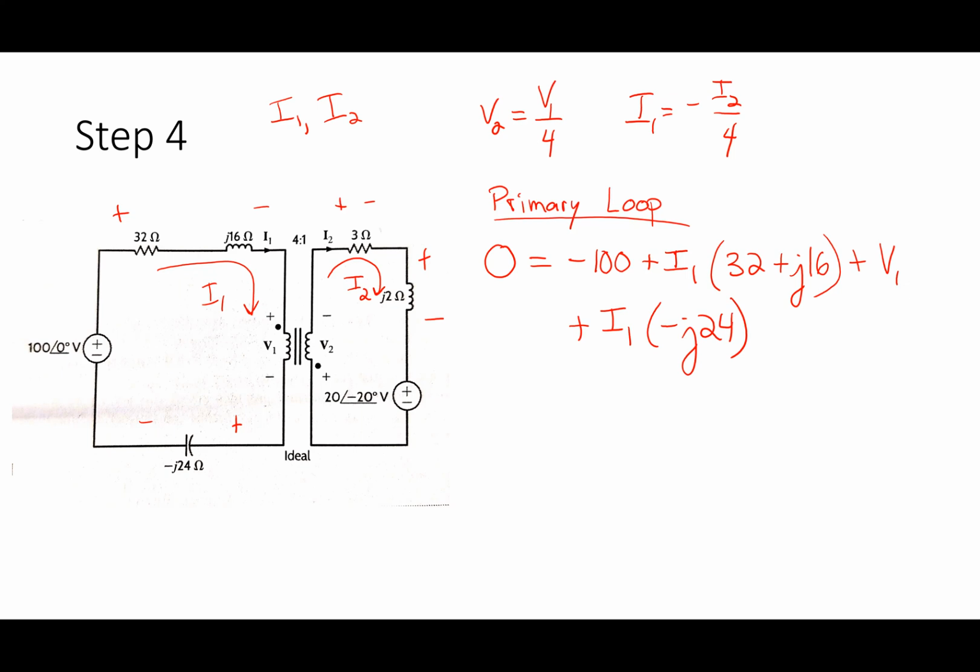So I like saying I go plus whatever my Ohm's law tells me for that device. That guy's got two things that I don't know, V1 and I1, so I've got issues potentially. That's my primary loop. What's my secondary loop?